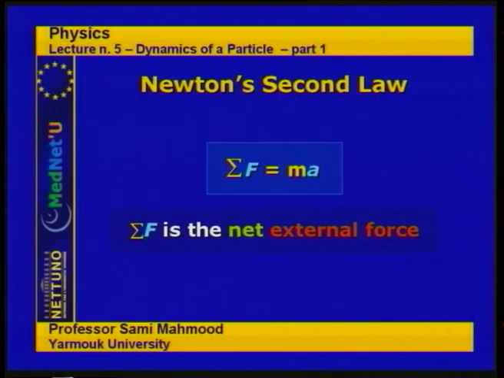And we can see also that the acceleration of an object which is acted upon by an external force is inversely proportional to its mass. So the heavier the object, the slower it goes as it is acted upon by a force. Notice that this summation of F is the net external force acting on the object. This is a very essential point to remember.